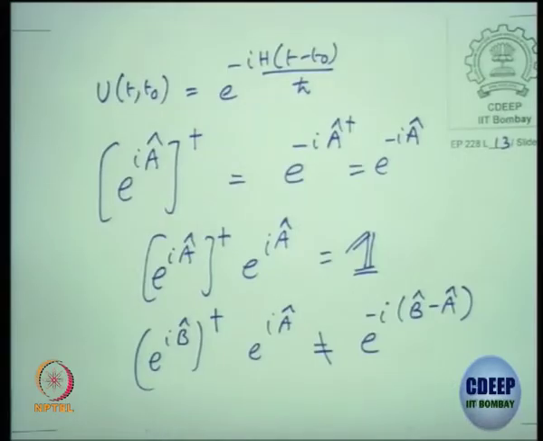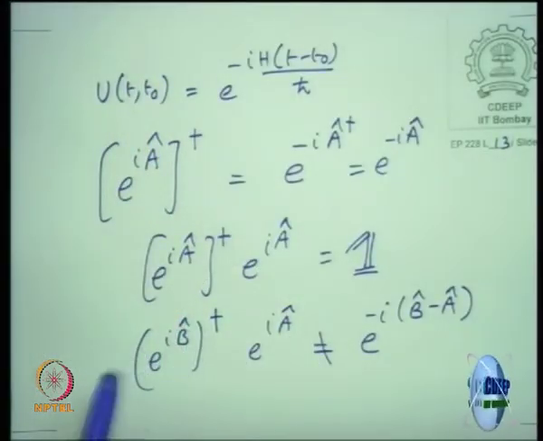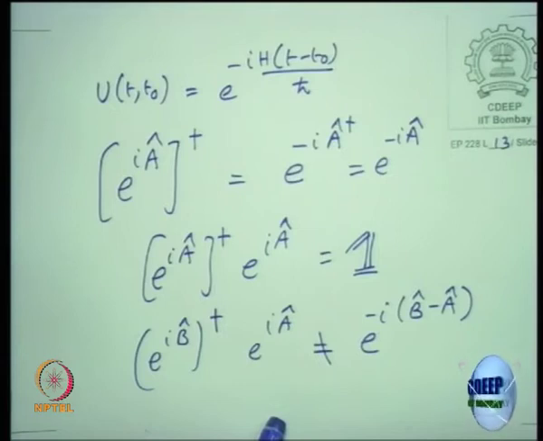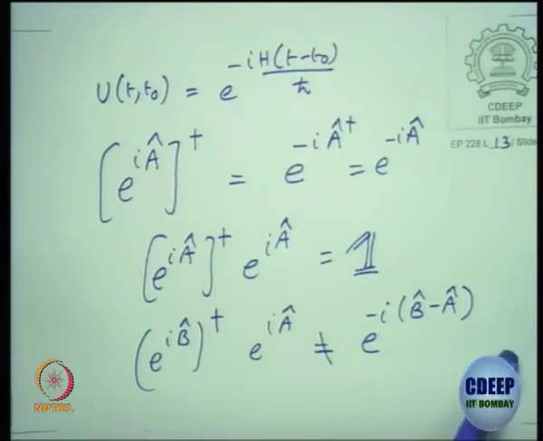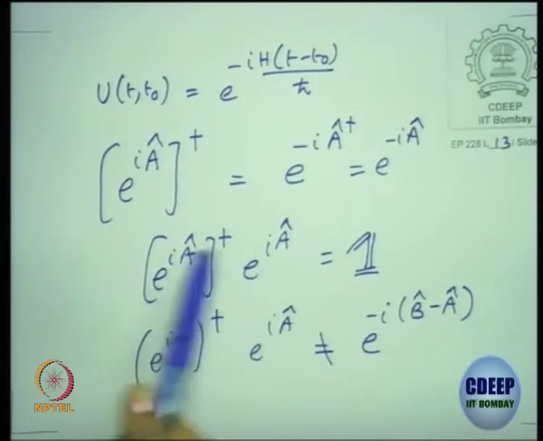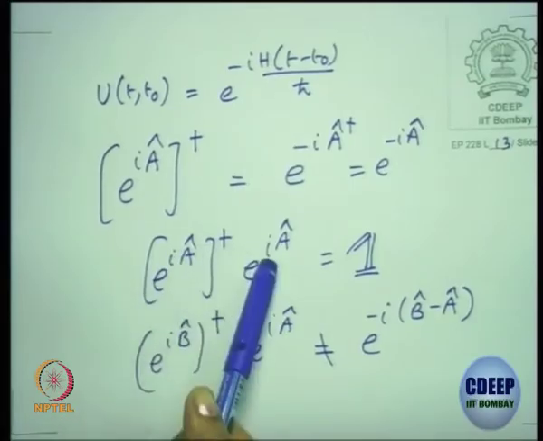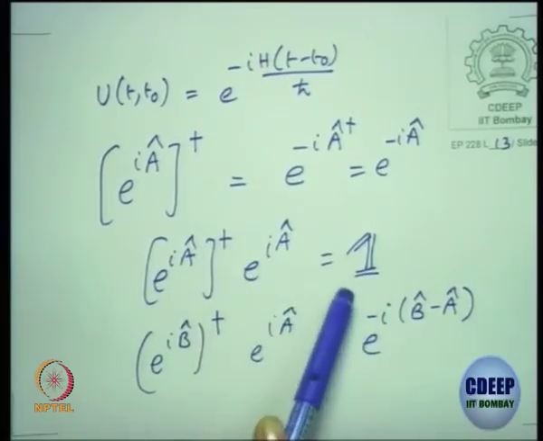It will be true if they are commuting operators. If B and A are commuting, then you can write it this way. So, trivially I have taken here the same operators, and that is why this becomes identity.